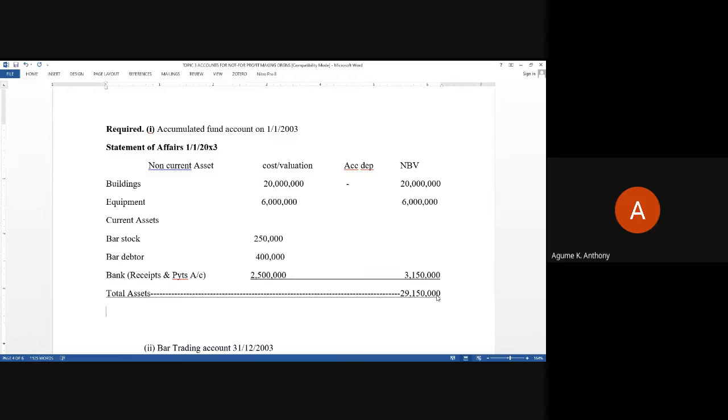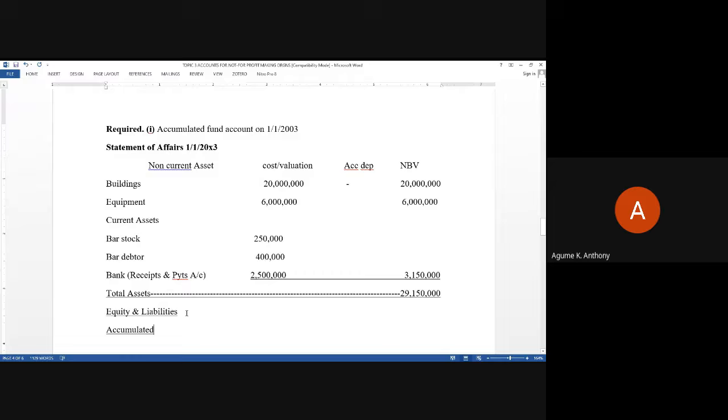Then I go to the other section of equity and liabilities. And within this equity and liabilities, I need to begin with the accumulated fund. But this accumulated fund, I don't know.